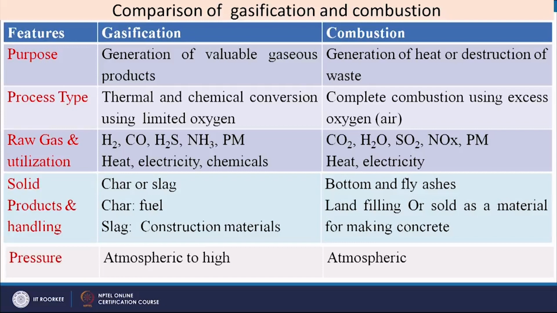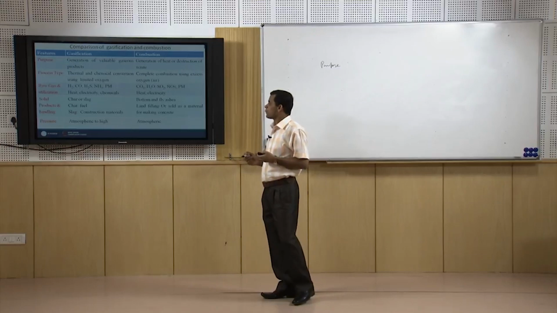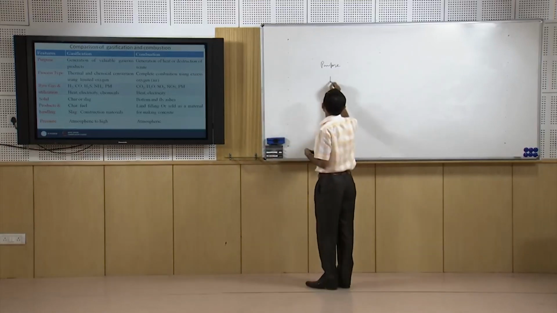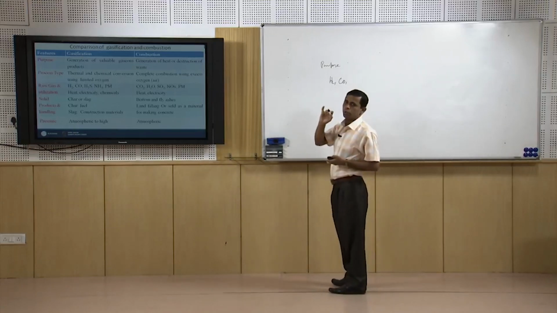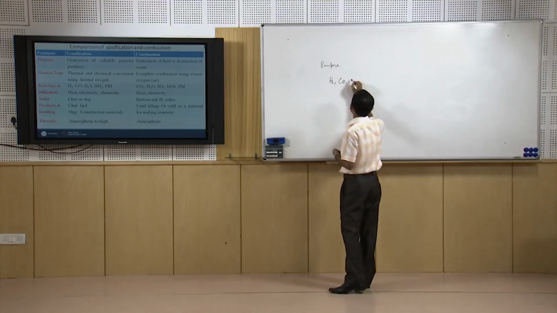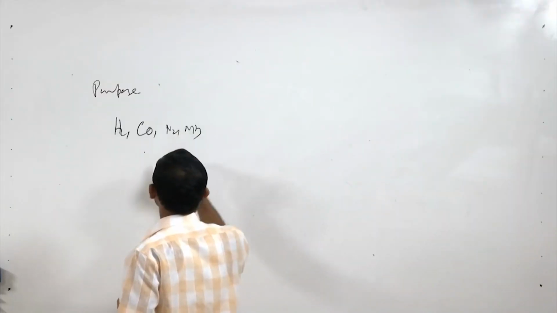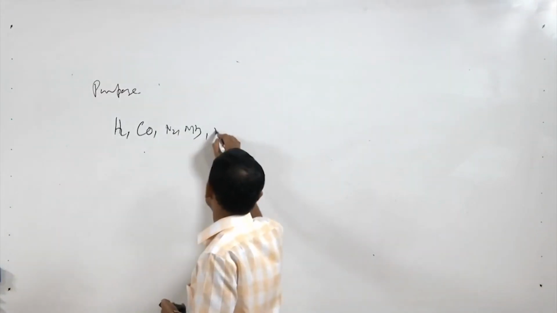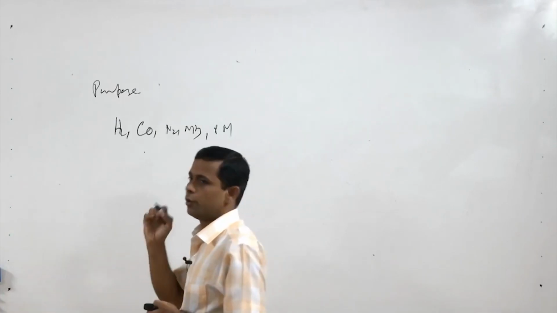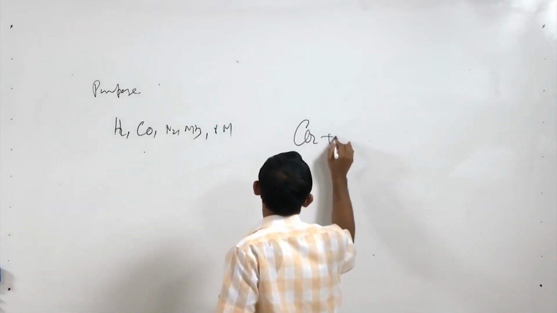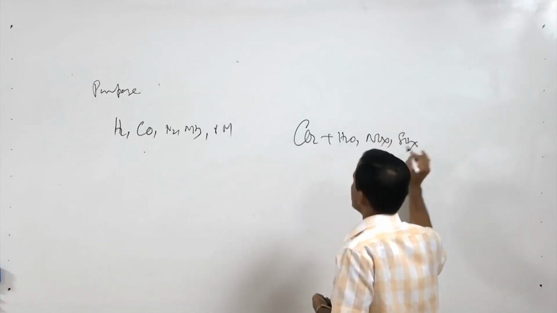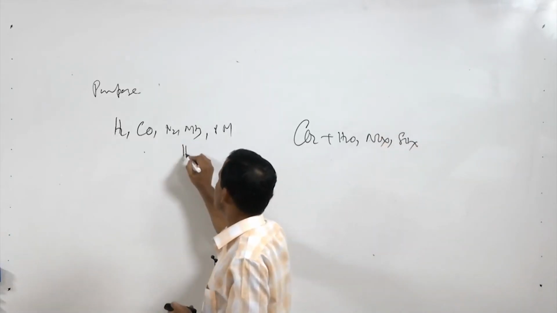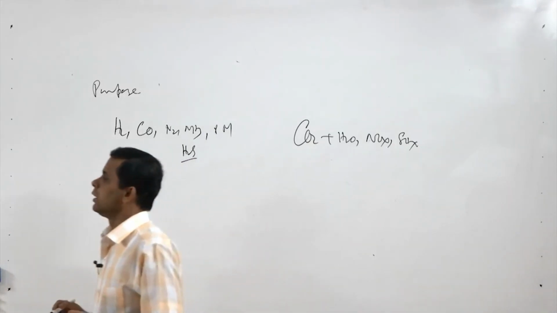We have discussed the R value in the previous module. And raw gas: gasification gives H2 and CO and no NOx; it contains nitrogen or NH3 if air is used, or PM. But in the case of combustion we will have mainly CO2 plus H2O, we will get NOx, and SOx if sulfur is present, whereas in gasification if sulfur is present we will get H2S.